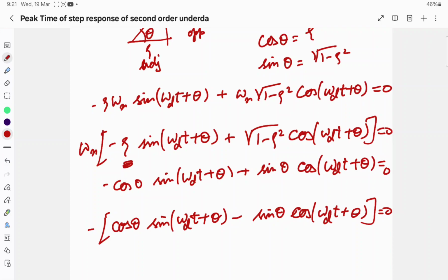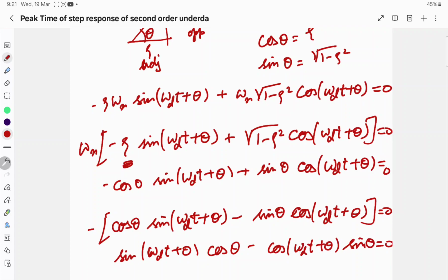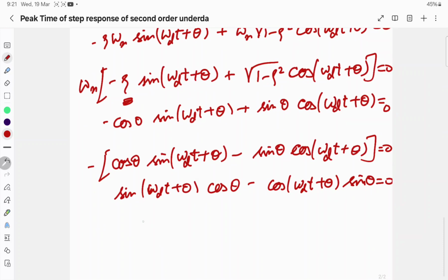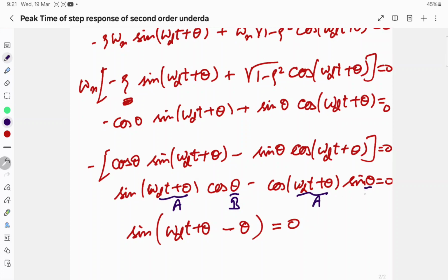We can rewrite for convenience: sin omega d t plus theta cos theta minus cos omega d t plus theta sin theta equal to 0. This is sin a minus b, where a is omega d t plus theta, minus theta, equal to 0. This is sin a cos b minus cos a sin b, which is sin a minus b, right?